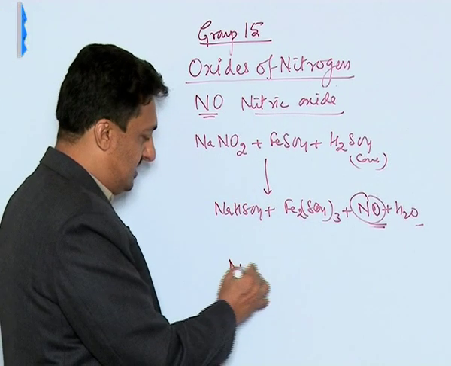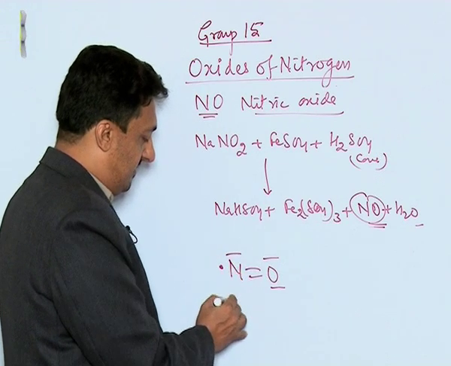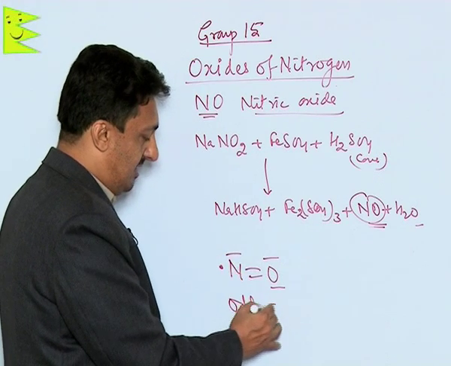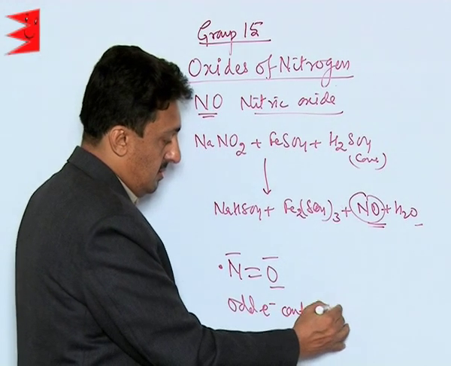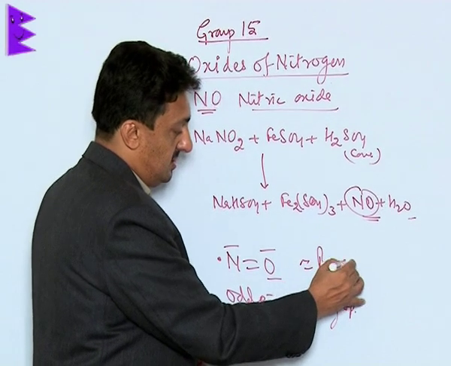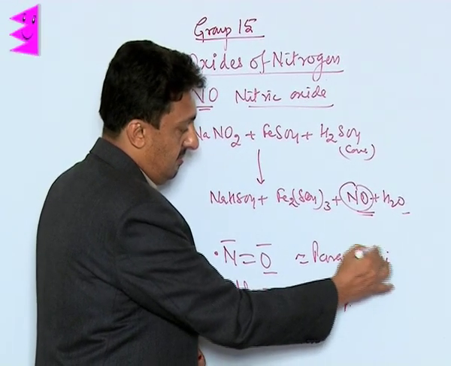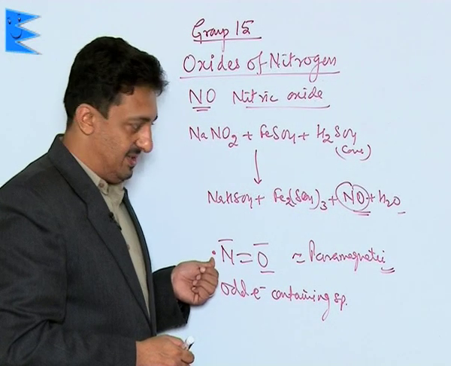Now nitric oxide is very special in the sense that it's an odd electron containing species. Therefore, it is paramagnetic in nature. This odd electron makes it paramagnetic.